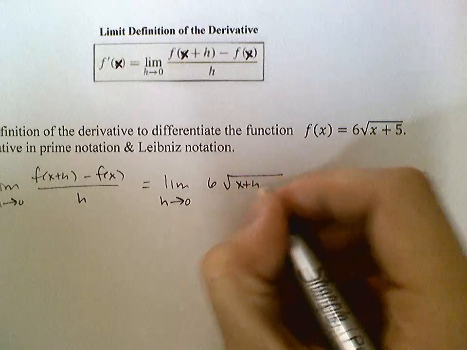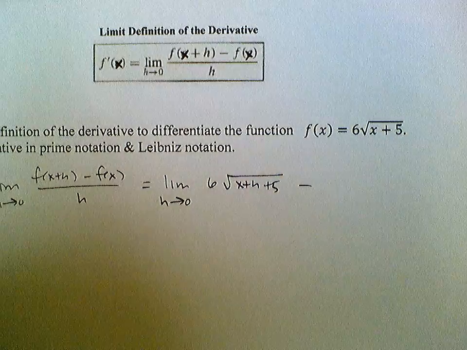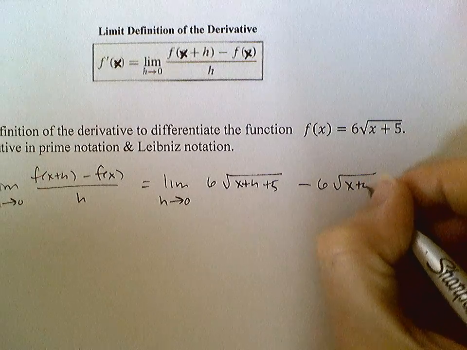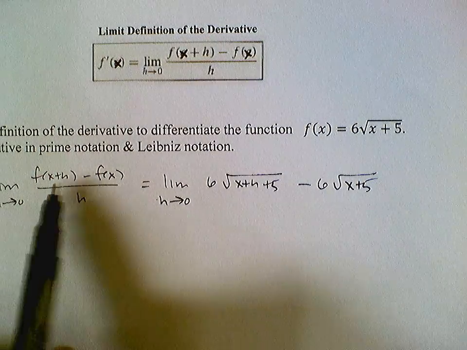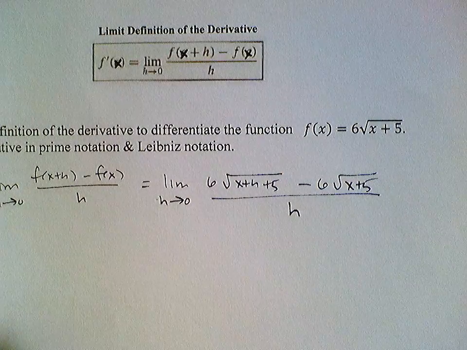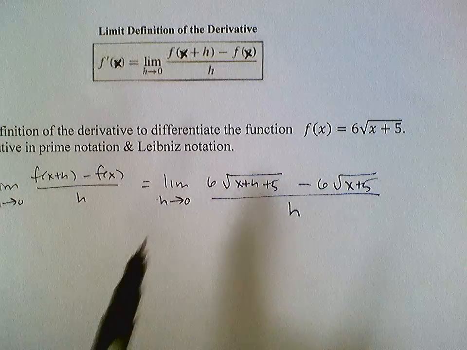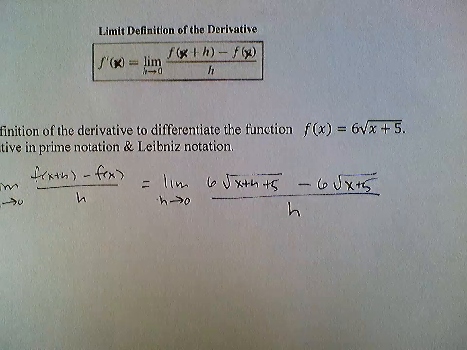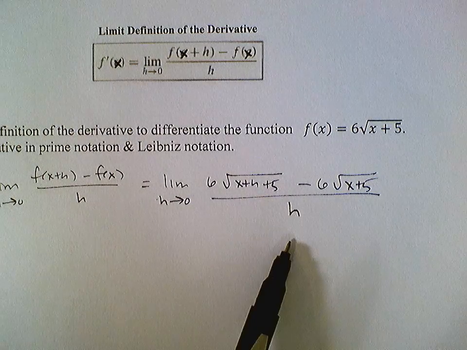So x plus h plus 5. Okay, minus 6 radical x plus 5. Okay, so f of x plus h minus f of x over h. Now remember from last unit, our limit techniques. Always try direct substitution first. Can I plug 0 in for h?